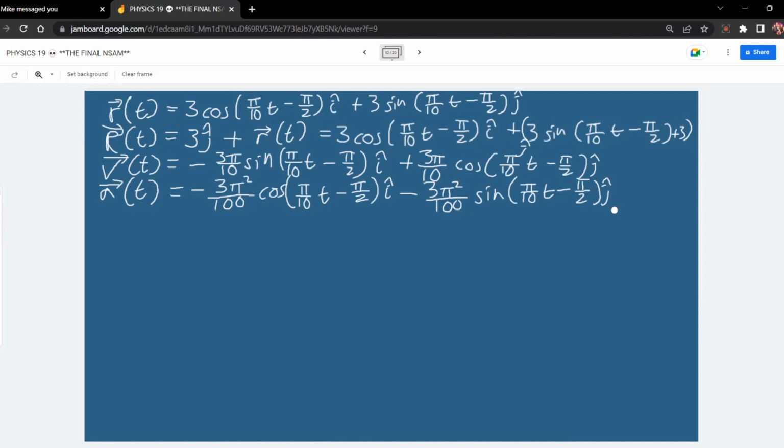So we now have the position, velocity, and acceleration vectors. Let's read the question again. Para mahanap natin ano yung mga tanong.